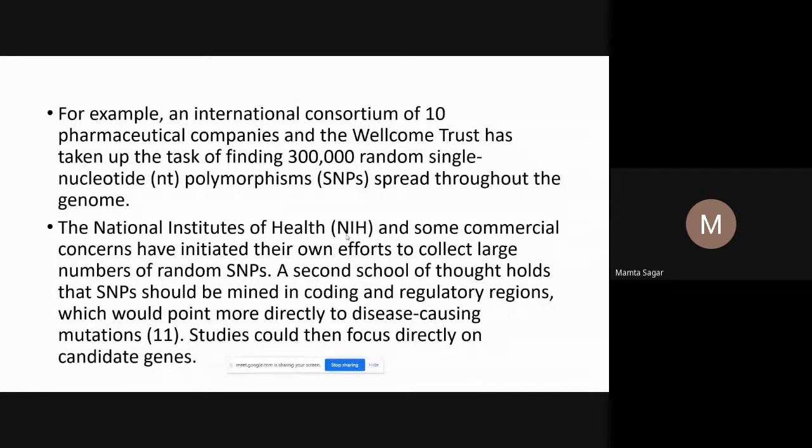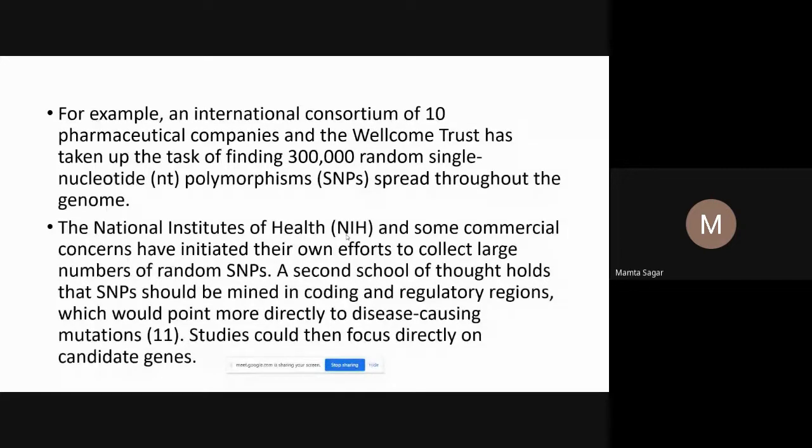So you can see how the SNP can have impact on the function of the proteins. So the second school of thought was that SNPs should be mined in coding and regulatory regions. So what are the causes in the coding regions? The mutation happens in the case of the RBCs also. The hemoglobin has a mutation in the coding region.